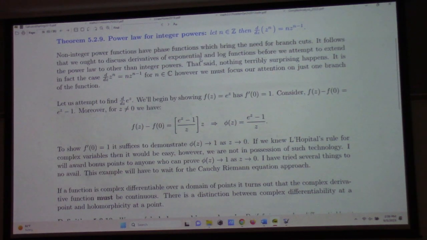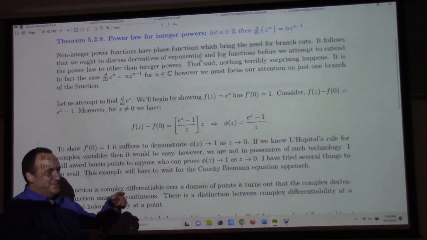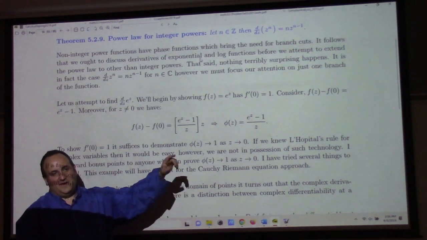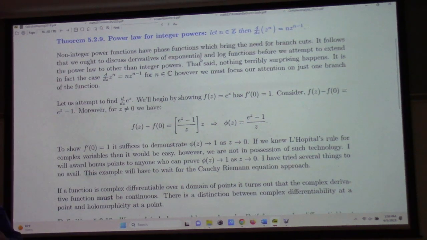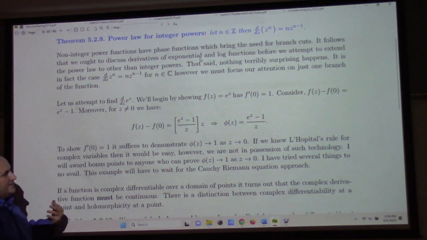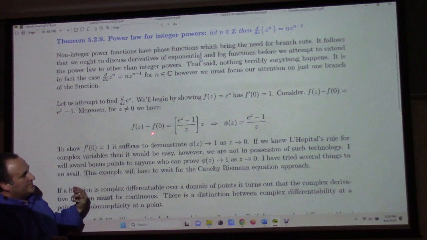This approach has its limits. Pun partly intended. If you try to differentiate e to the z, either with the direct definition or in the approach of Caratheodory, which is really the direct definition dressed up a little bit, I personally just get stopped dead in my tracks trying to directly calculate the difference quotient for the exponential.